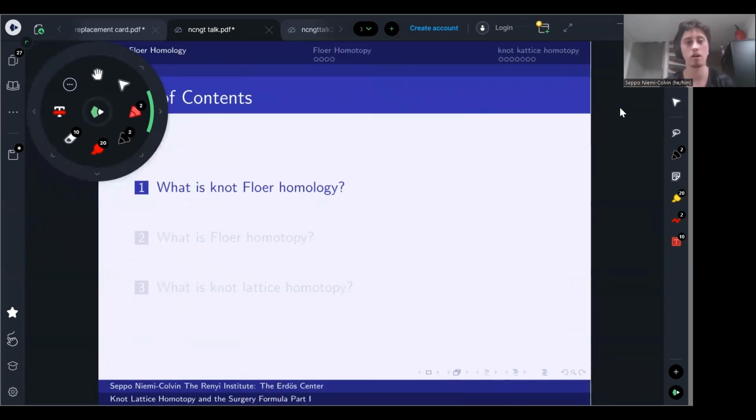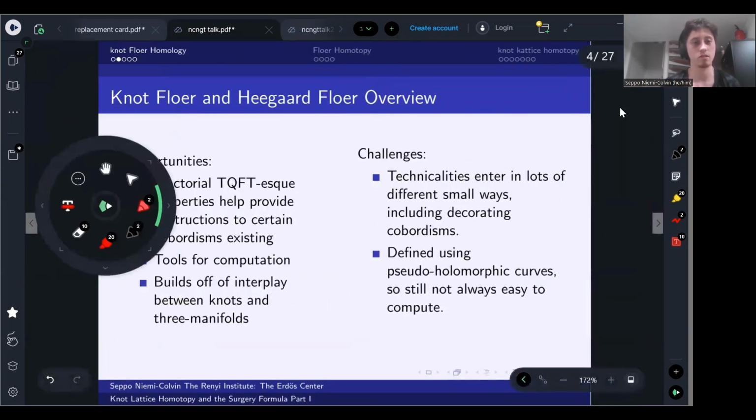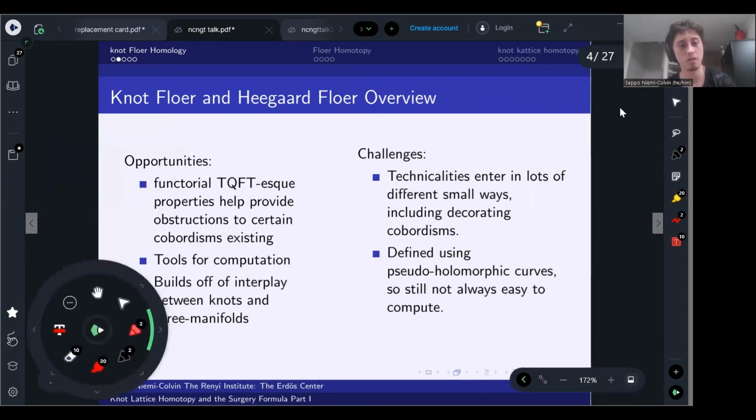So let's talk some more about knot Floer homology, which also has a corresponding three-manifold invariant called Heegaard Floer. Some of the opportunities knot Floer comes with is that it is a functorial TQFT-esque theory, which helps us provide obstructions to certain cobordisms existing.